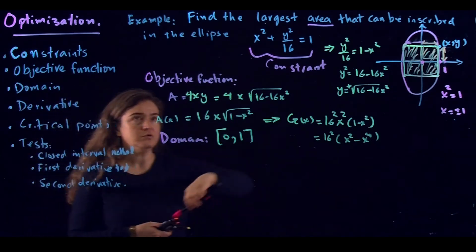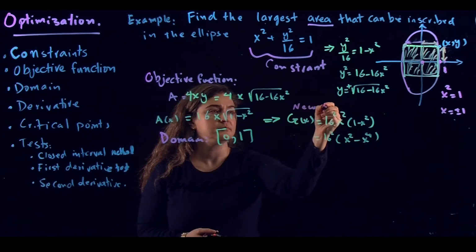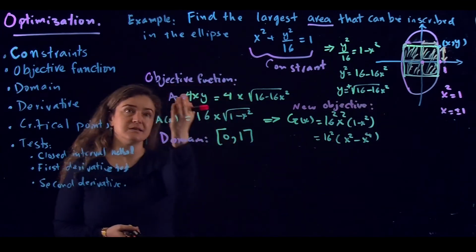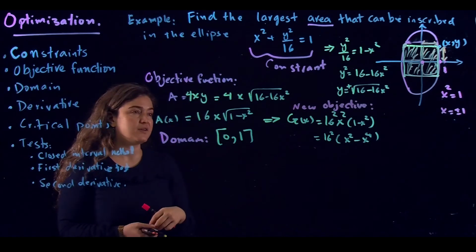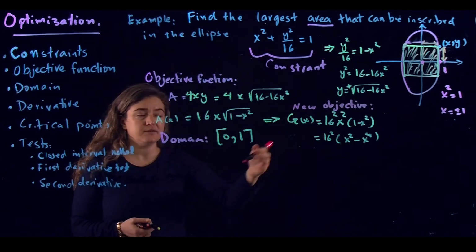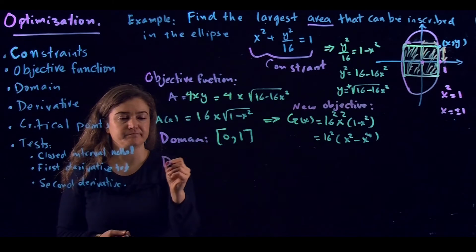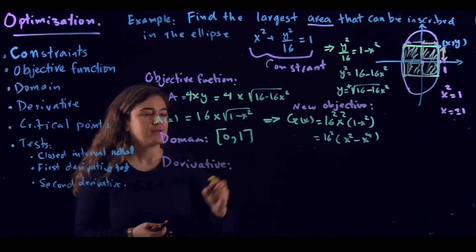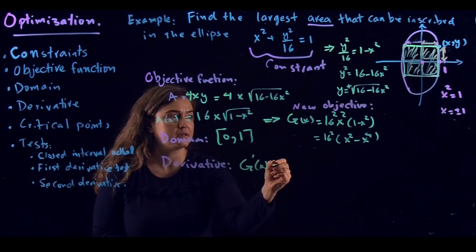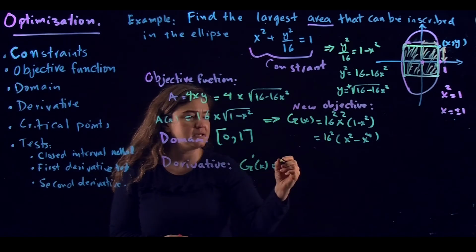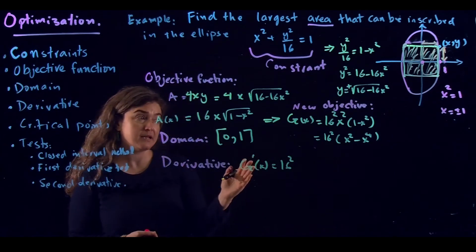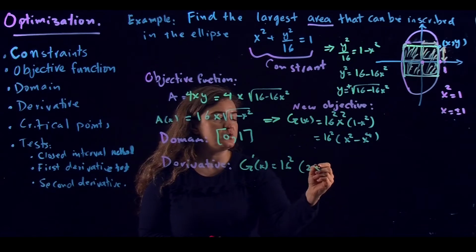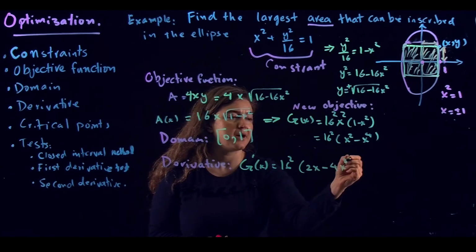Now, new objective function, because maximizing this one is the same thing as maximizing A of x. Now, take the derivative of the new objective function. We end up with 16 squared, which is a coefficient, so it stays, and inside I will have 2x minus 4x to the power 3.